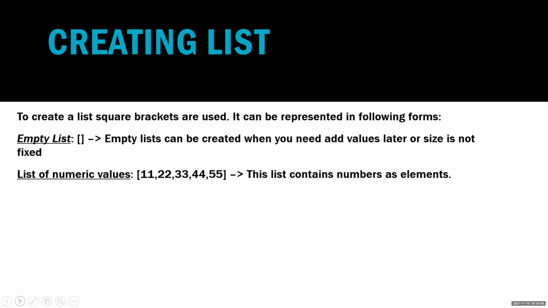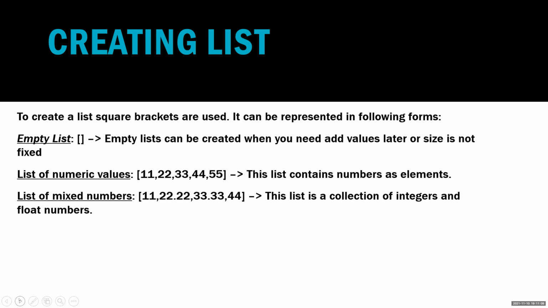And a list of numerical values. You can see there are integers inside square brackets, separated by commas. That is a list of numerical values. This is a list of mixed numbers, a collection of floats and integers.